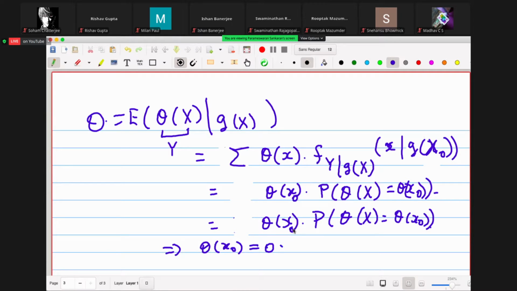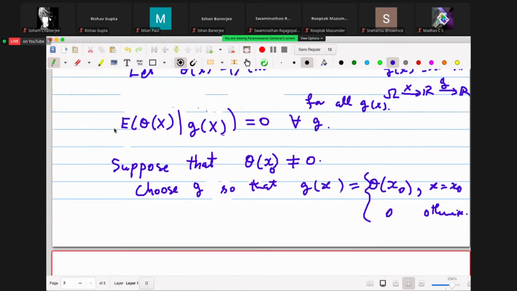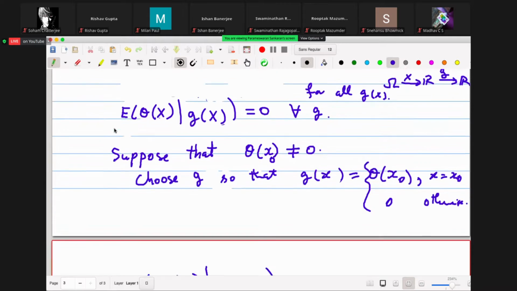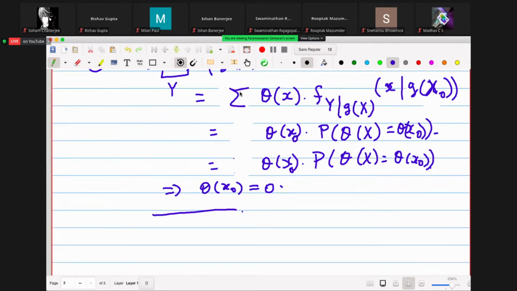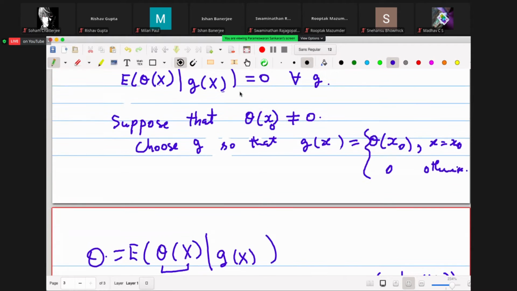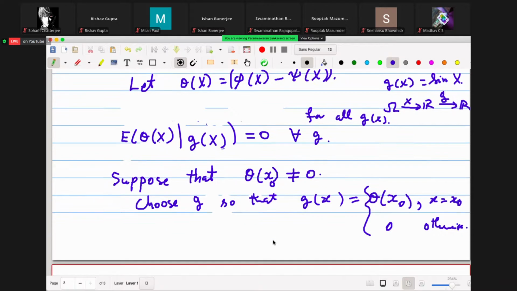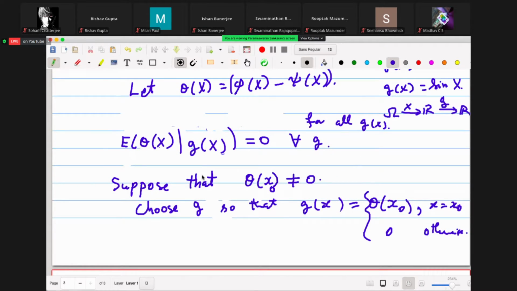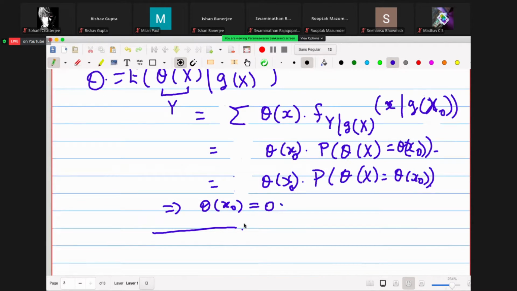If theta of x naught is non-zero, you get a contradiction. So it seems to me that's all that is involved. Sorry, there's still one small thing. Let me think for a minute. What we showed was if theta of x naught is not equal to 0, then on the one hand, this is already 0, we know that. That's all. There is nothing more to say. It completes the proof.